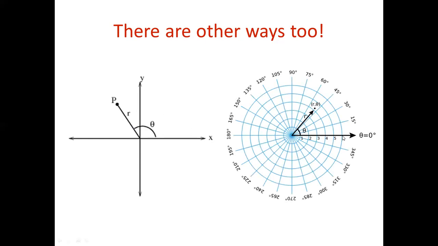We can make a scale for it to exactly measure the units and to measure the angles. So this system is what we call the polar coordinate system.